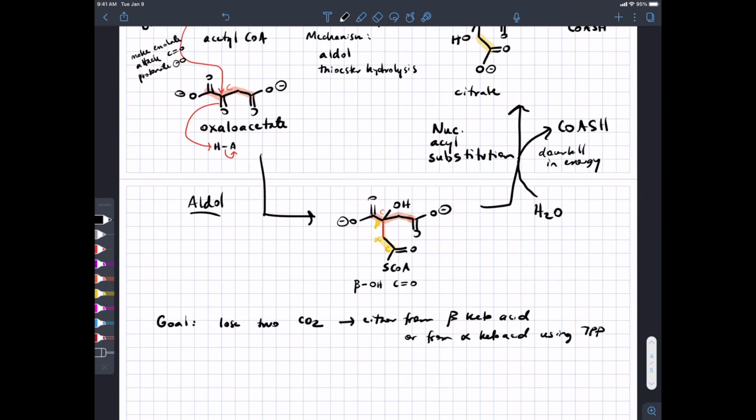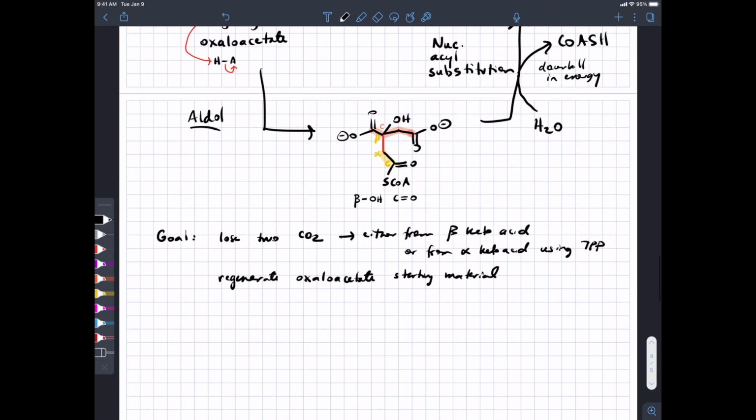And our second goal is going to be to regenerate the oxaloacetate starting material. So the first few steps are all about getting rid of CO2, and the second steps are about regenerating oxaloacetate. Okay.